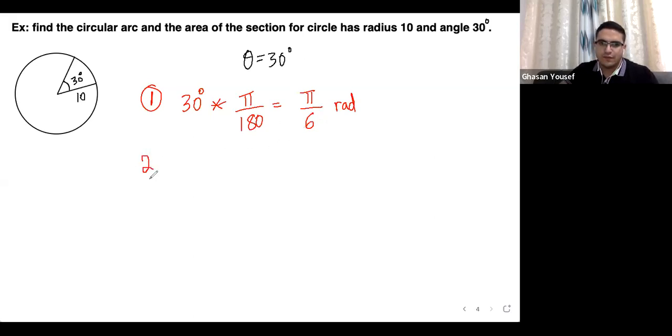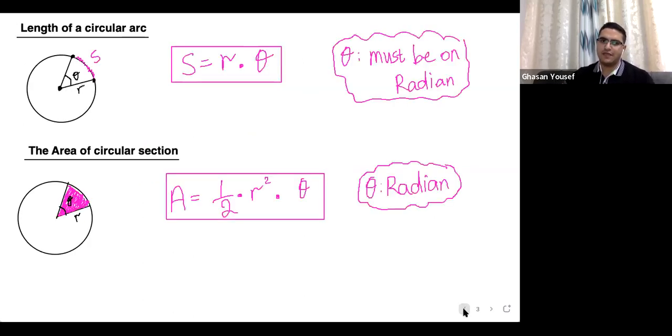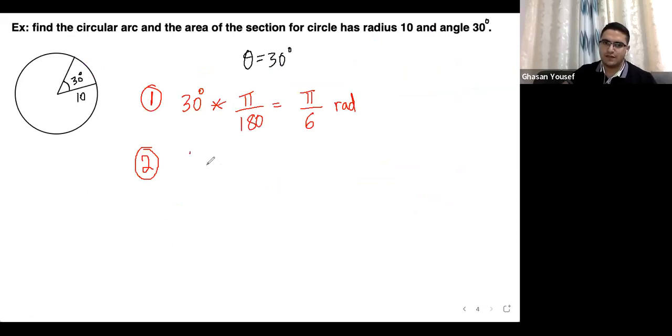Step number 2. Find the length of the circular arc. So I should use this formula. S equals r times theta. And this is equal to, r is 10, so this is equal to 10 times pi over 6.